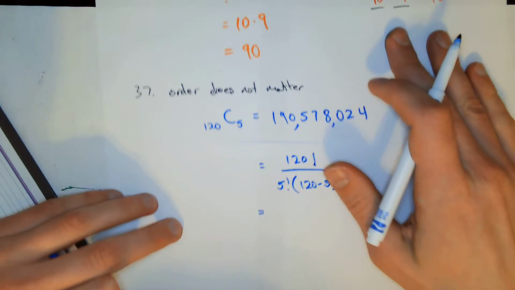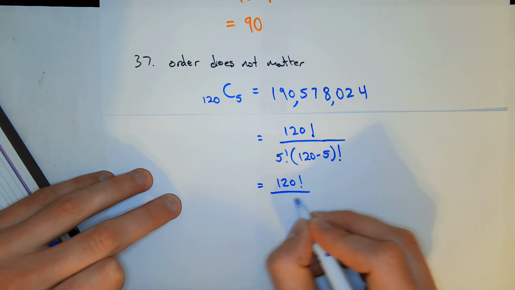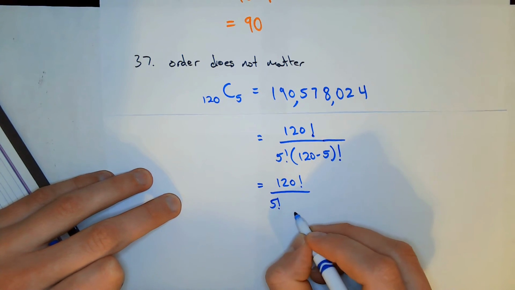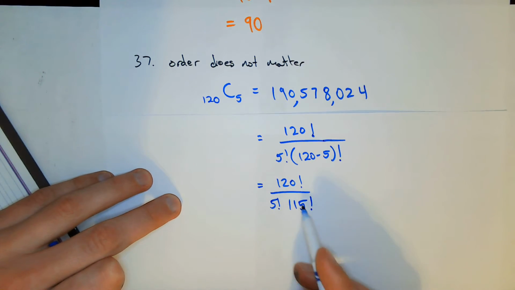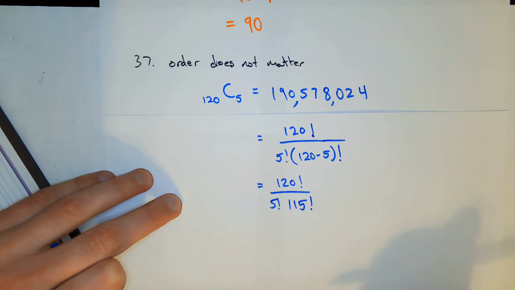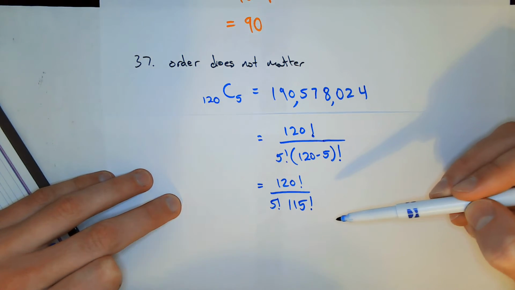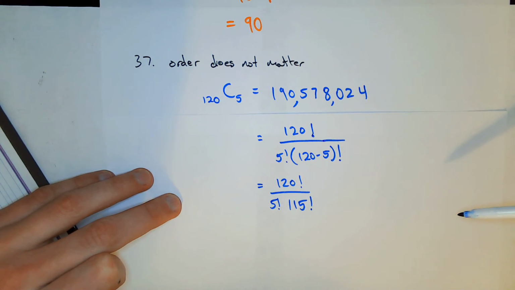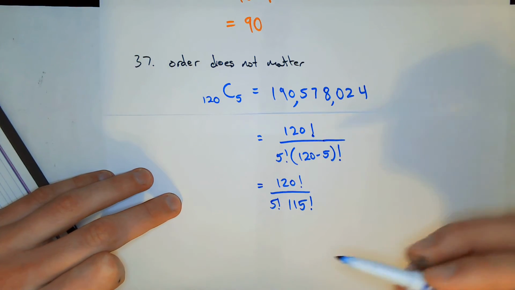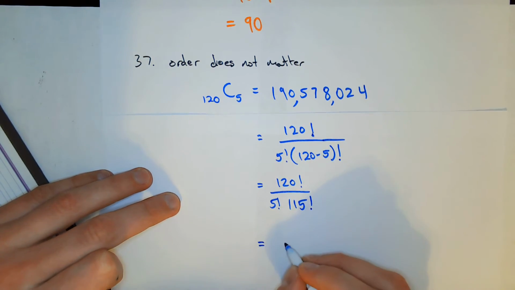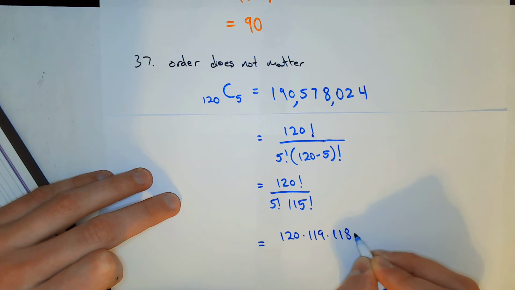That's going to be the same as 120 factorial over 5 factorial times 115 factorial. From 120 minus 5, there's 115 factorial. And then 115 times 114 times 113, all the way down to times 2 times 1 would cancel out with most of this.